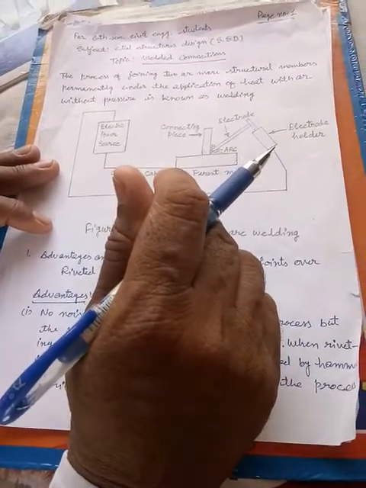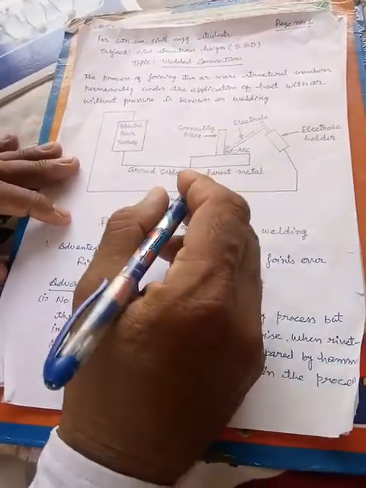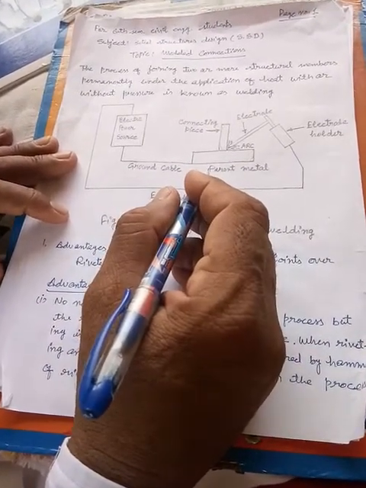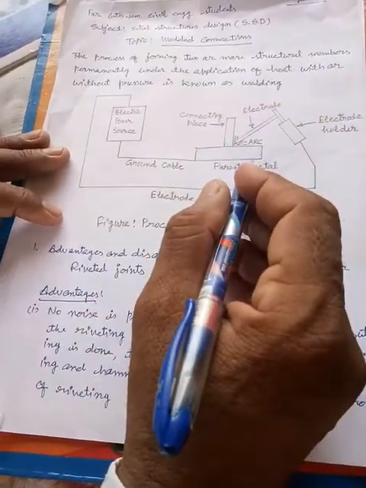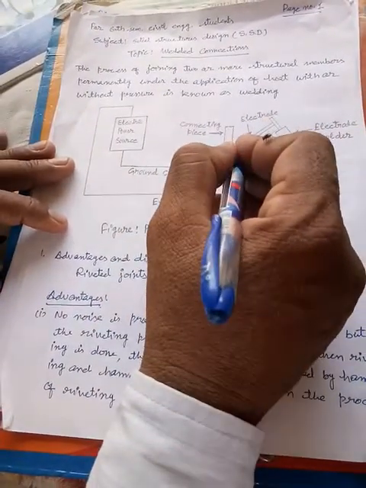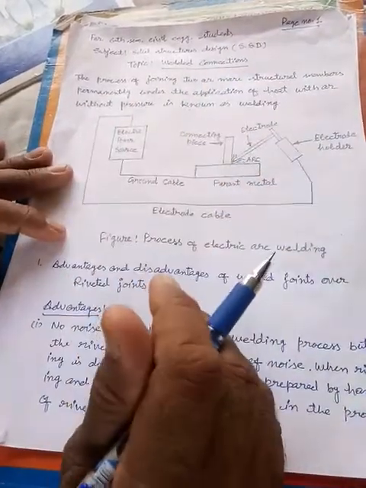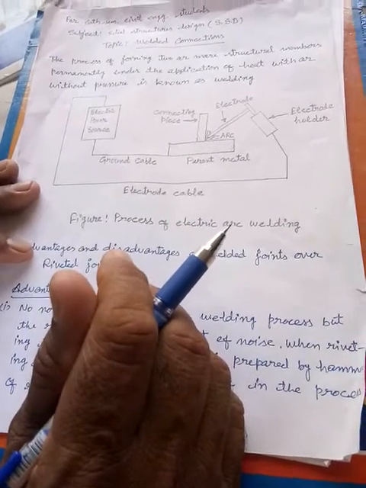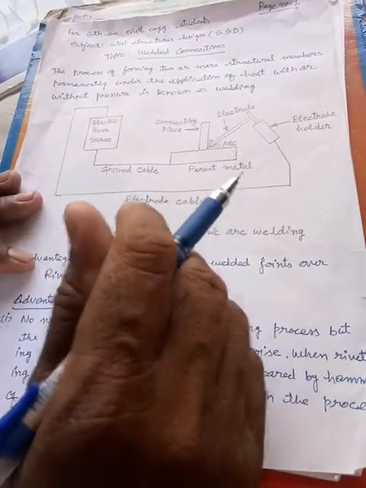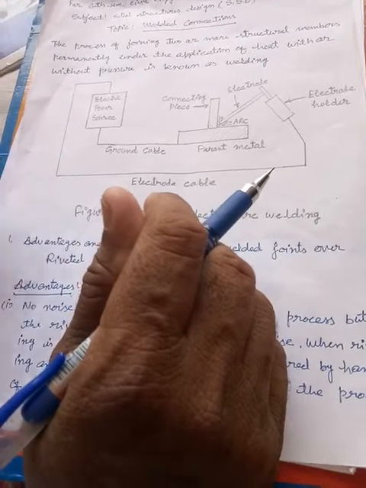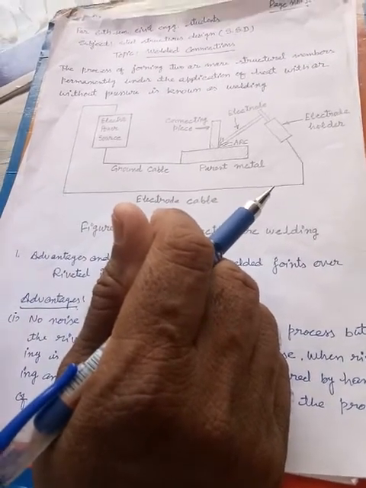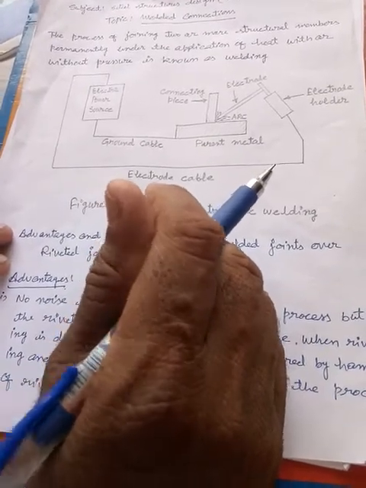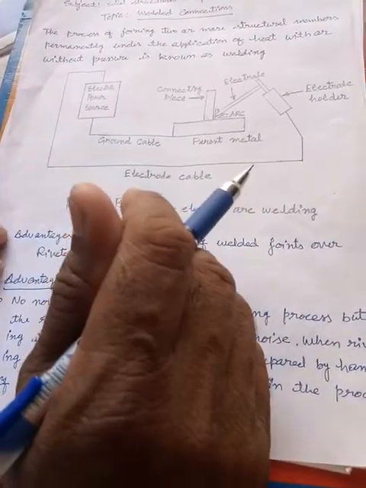The arc produces a temperature of about 3600 degrees Celsius, and the tremendous heat at the tip of the electrode melts the filler metal, melts the electrode and base metal, and a molten metal known as crater is formed. This molten metal solidifies into a uniform mass after cooling. Electrode coating, which solidifies as slag, is removed by light tapping after cooling.